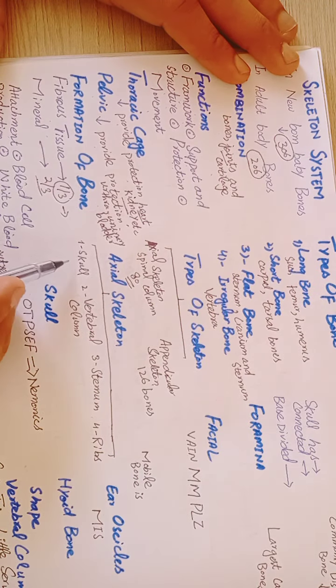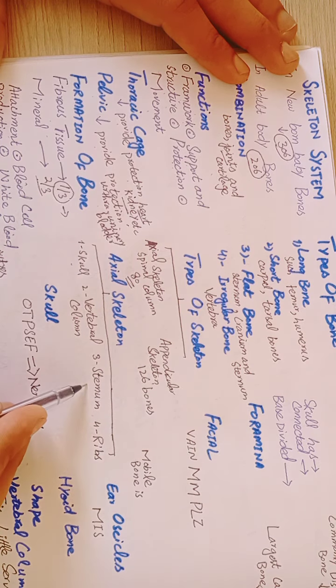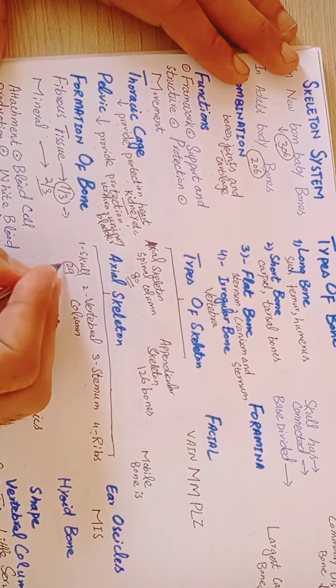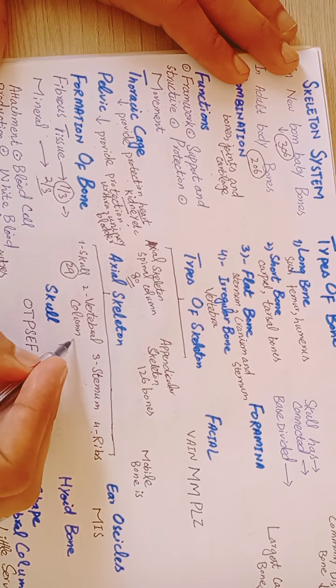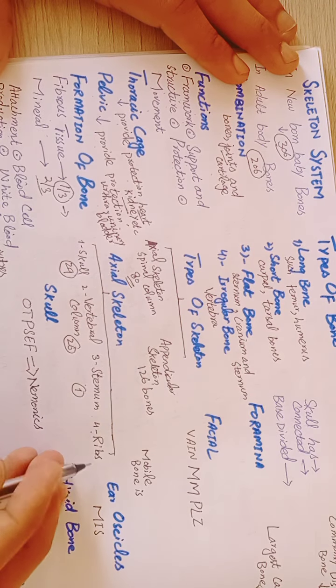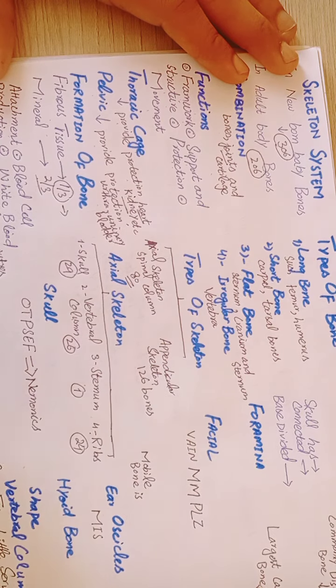The axial skeleton further consists of the skull, vertebral column, sternum, and ribs. The skull consists of 29 bones, the vertebral column 26 bones, the sternum 1 bone, and the ribs 24 bones.